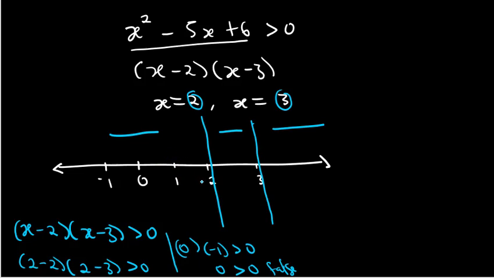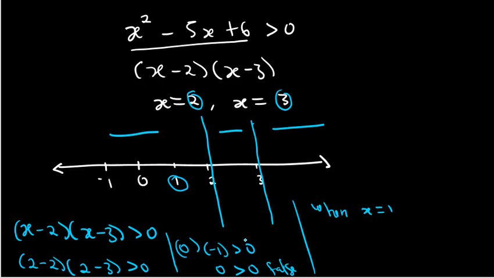So let's say we use 1 also to do the testing. Now when x is equal to 1, what is going to happen? When x is equal to 1, let's do the substitution using the same factorized expression.